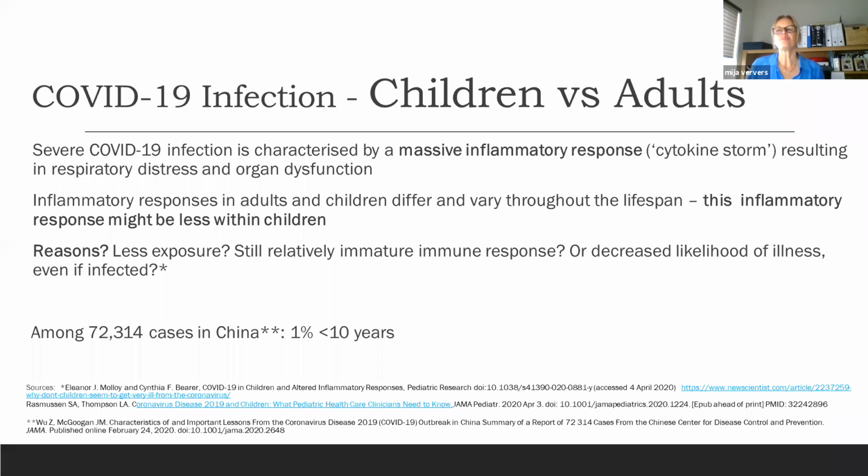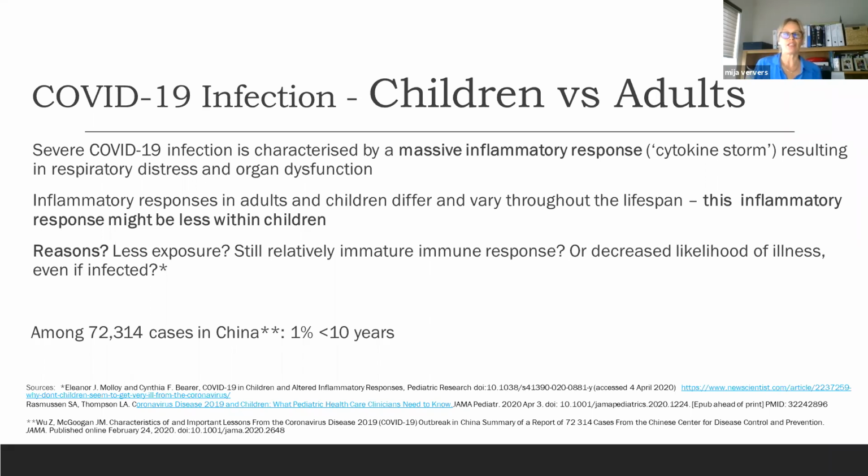Now, inflammatory responses in adults and children differ and vary over a lifespan. That's what we know. But this inflammatory response might be actually less with children. Now, why would they be having this less extent of inflammatory response?